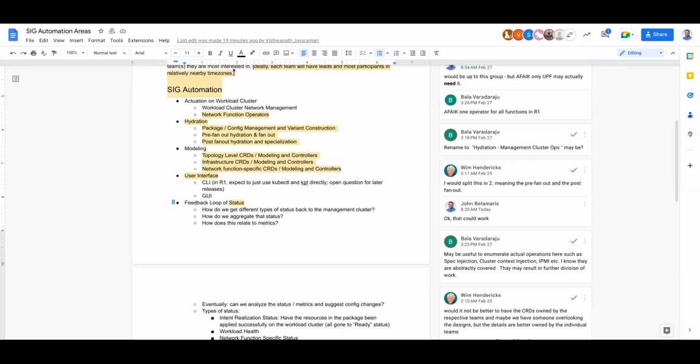Like instantiation, onboarding, termination, upgrade. So the CLI and GUI can align with the ETSI standards of lifecycle management of network functions, so that our Nefio CLI and GUI can be more telco specific, in addition to the generic Porch and KPT way of handling. So these are the three pointers I wanted to add.